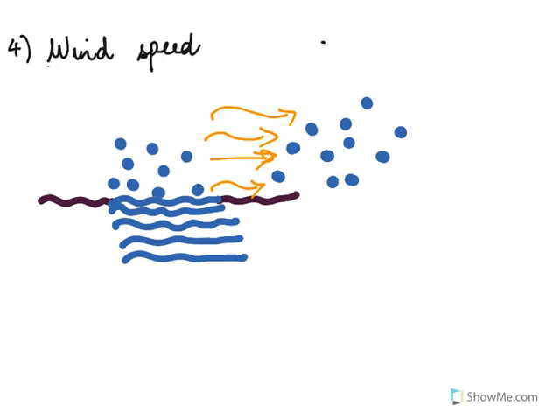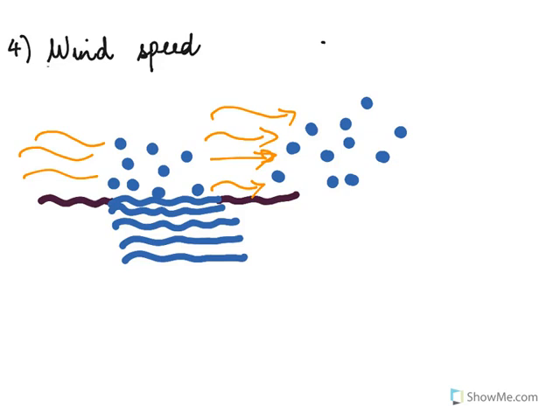And if there is more wind, these water molecules too will be pushed away, allowing more water molecules to enter into the vapor state. So the greater the wind speed, the greater is the evaporation.